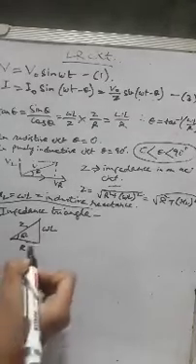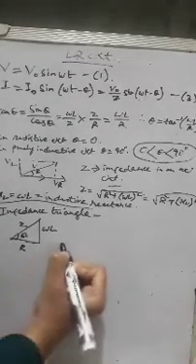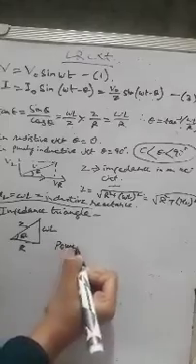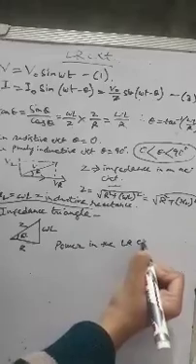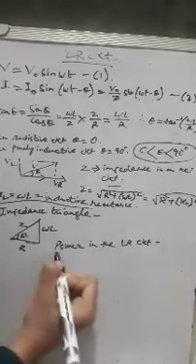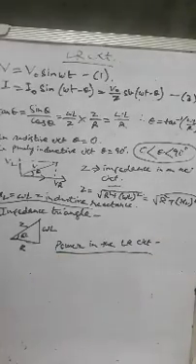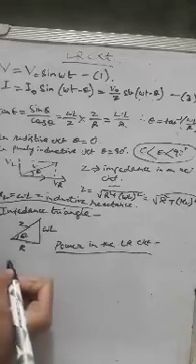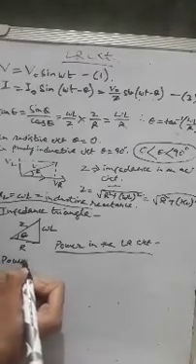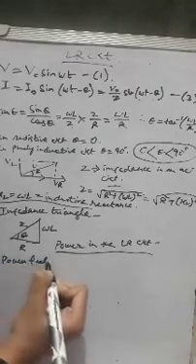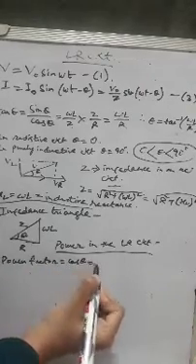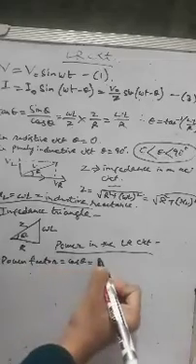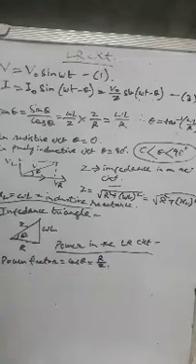So I'm writing it here: power in the LR circuit. In the derivation, the value of the power factor, cos theta, is equal to R by Z. Just go back to the derivation page.